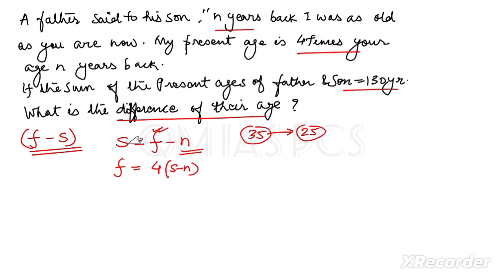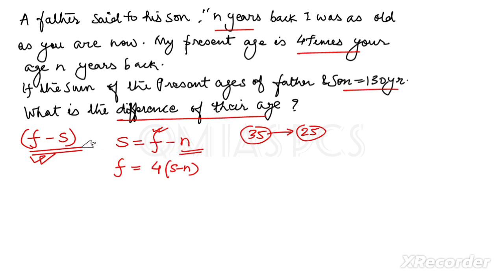So here you can see there are 3 variables given, and we have to find the answer in the form of 2 variables. That's fine, no problem. Here you can form F is equal to 4 times (S minus n). So you can eliminate something. Whenever this type of thing is given, you can substitute the values. Let's see how to substitute.